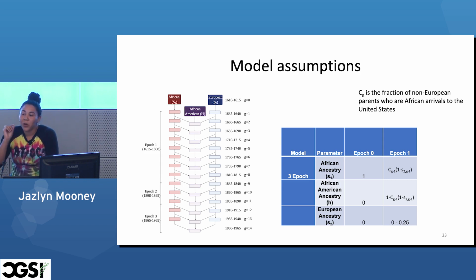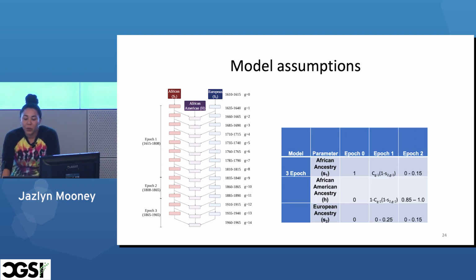So we're able to partition those non-Europeans into Africans who are being imported and African Americans who are being born. The official definition of African American in our model is just that you were born in America. That's also important to denote: what exactly do you mean by African American? It's just you're born in America here.